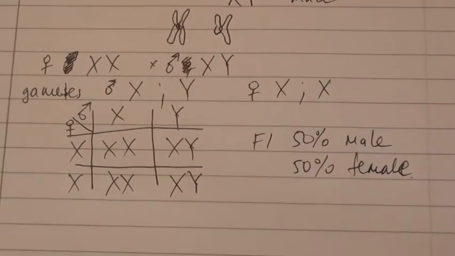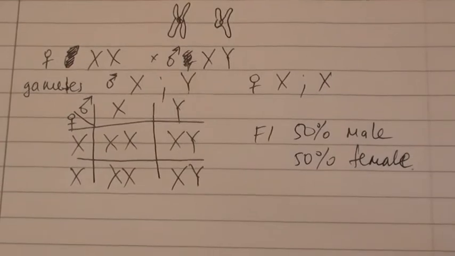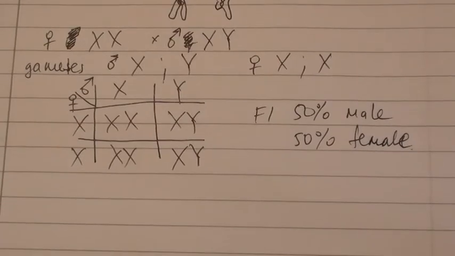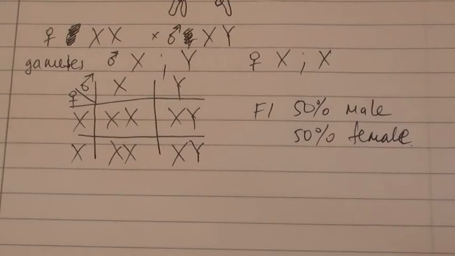Okay, so this is fine, seemingly fairly easy. So what about the questions in the assignment? Because they look a lot more complicated than that. Well, this is because they are dealing with, as I said, a particular type of inheritance called sex linkage.